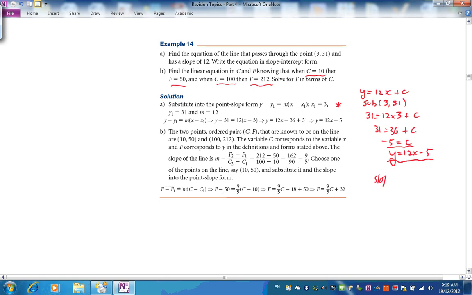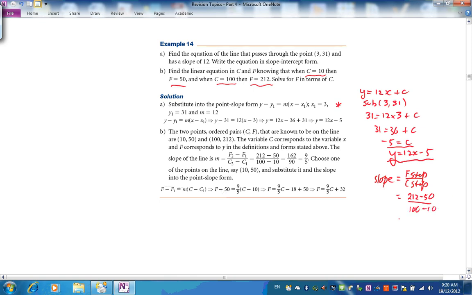The slope of the line here would be equal to, now F in terms of C, the F step over the C step. So here the F step is 212 take 50 over the C step, which is 100 take 10.